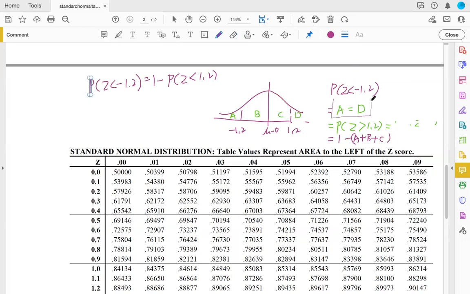Why? Because A equals D due to the symmetry, because the mean is always 0. And Z smaller than 1.2 is this side, which you can find from here. 1.2 is 0.88493.